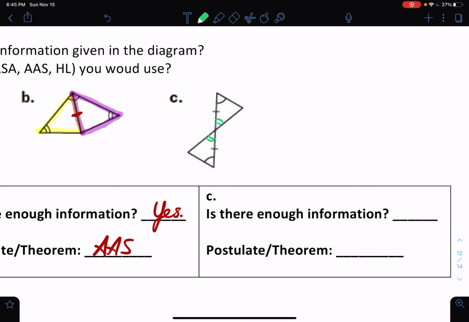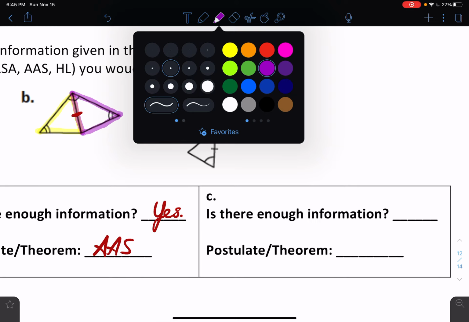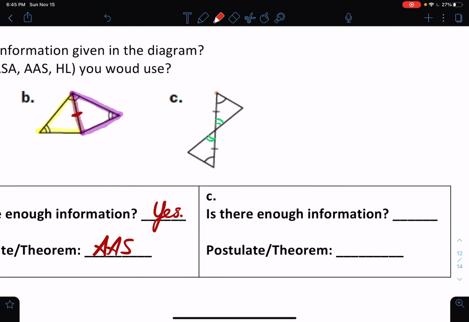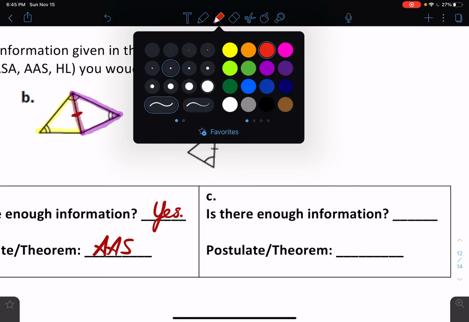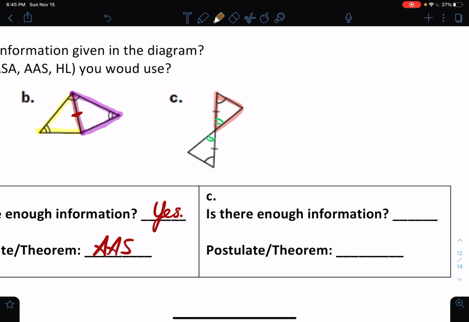As soon as I put those vertical angles in there, the order, and I'm going to make this a little smaller, let's get this color: angle, and then a side length, and then another angle matches up with angle, and then a side length, and then another angle. So is there enough information? Yes. What is my theorem? What did I have in the correct order?